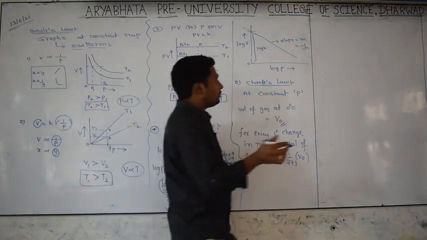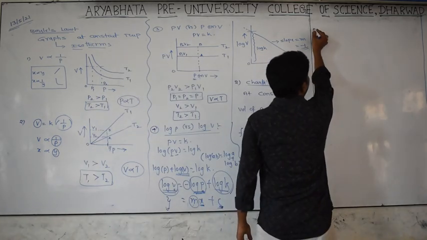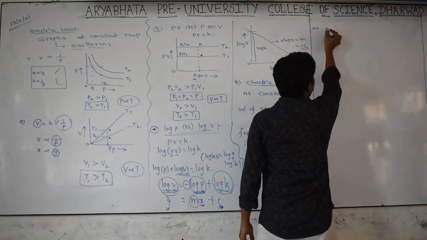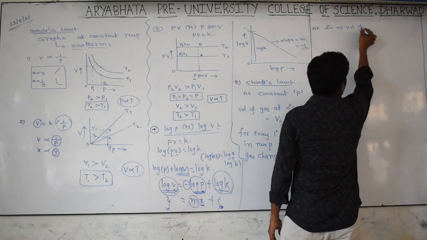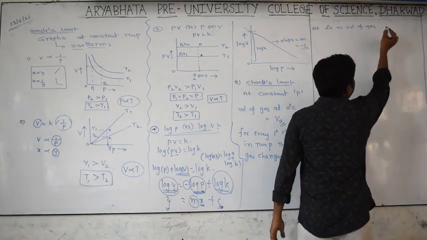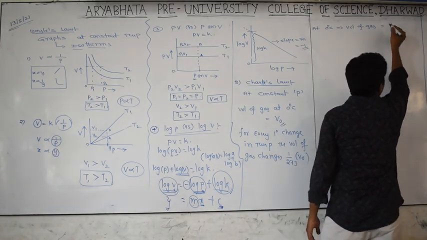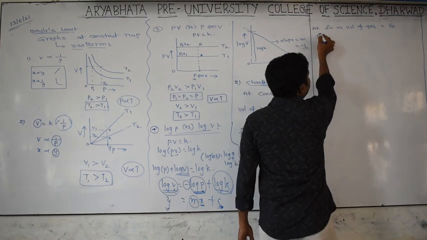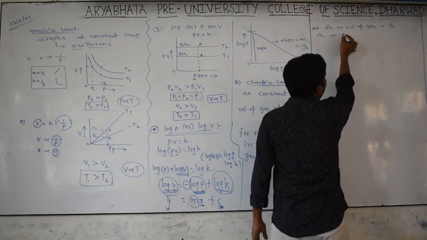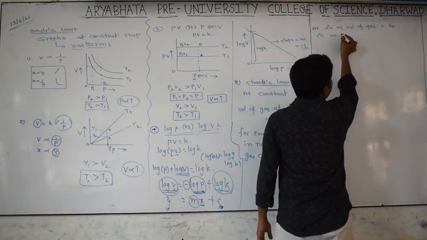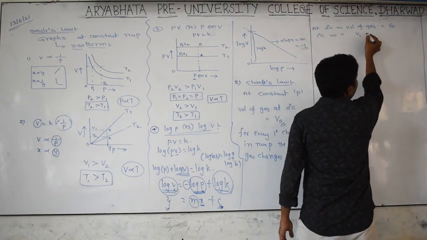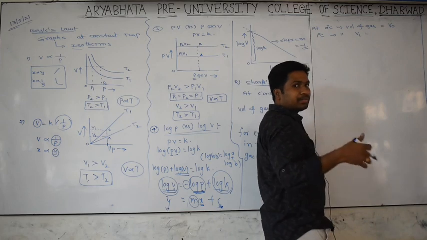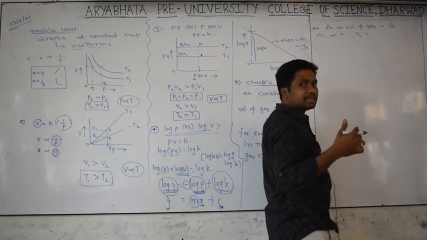Now I will explain based on this. At 0 degrees Celsius, the volume of gas is denoted by V0. At 1 degree Celsius, the volume of the gas is V1, equal to... is the temperature raising or decreasing? Raising, by 1 degree.